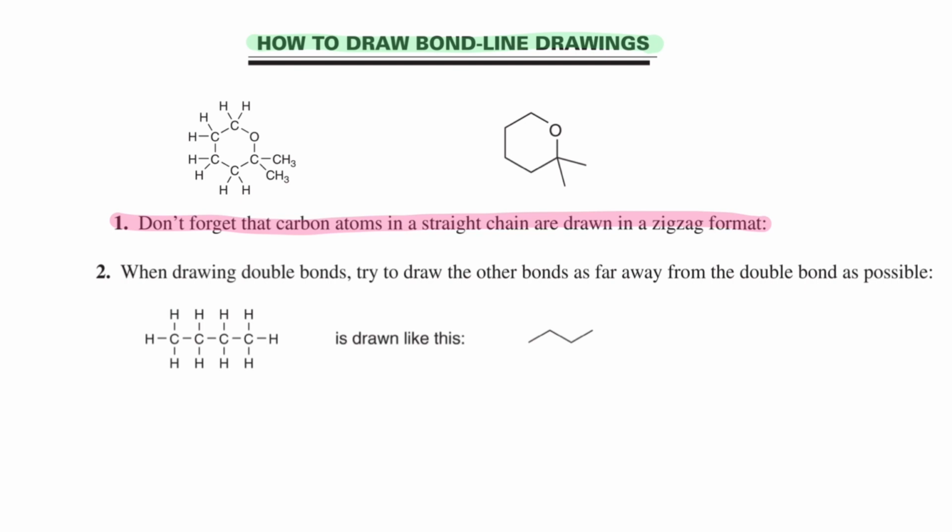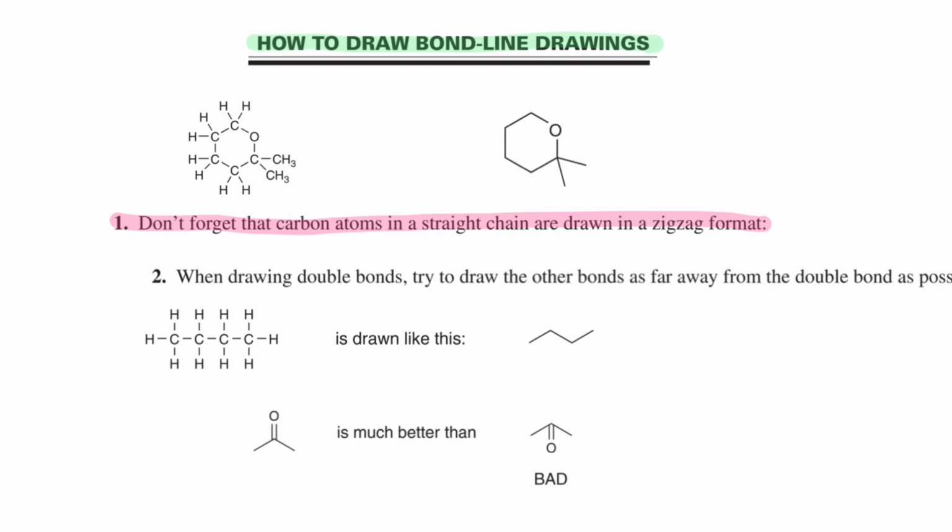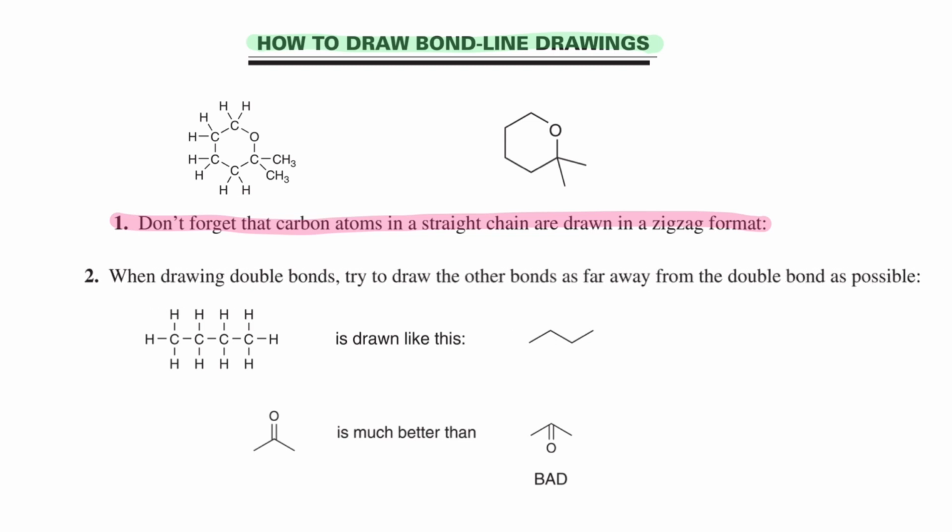So according to the first rule, this is a straight chain carbon. This is drawn like this, in a zigzag manner. So carbons which are in a straight line should be drawn in the zigzag manner. According to the second rule, when we are drawing a double bond, try to draw the other bonds far away. For example, this is a double bond, and these are the other single bonds.